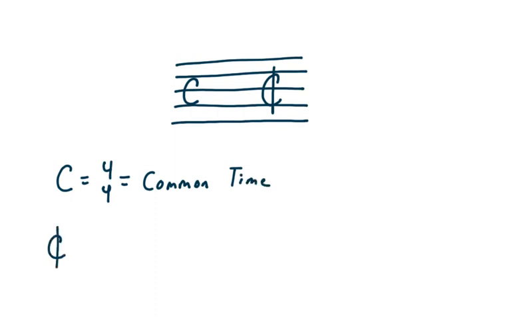Okay, common equals 4/4, equals common time. And this one equals 2/2, equals cut time. Okay. These are the two most prevalent time signatures in all of music, common time and cut time.